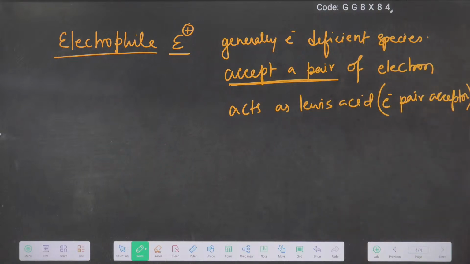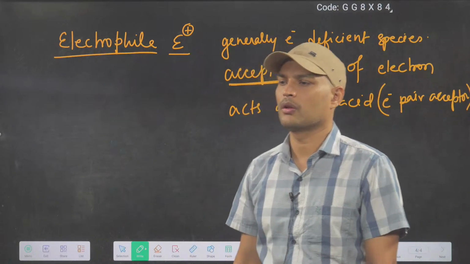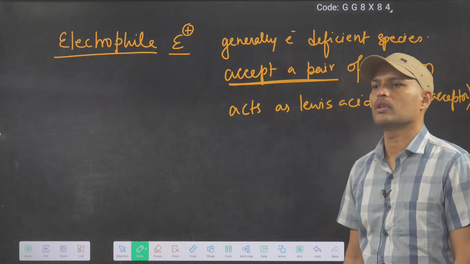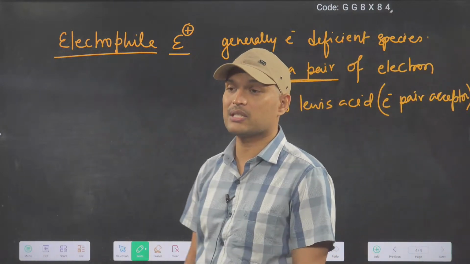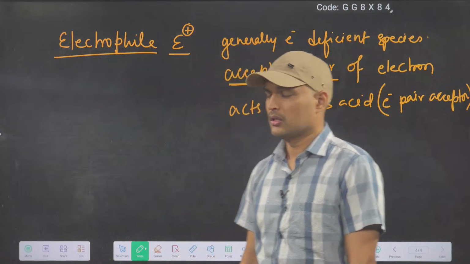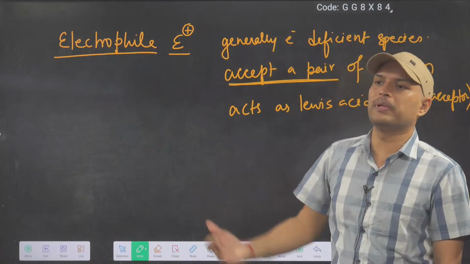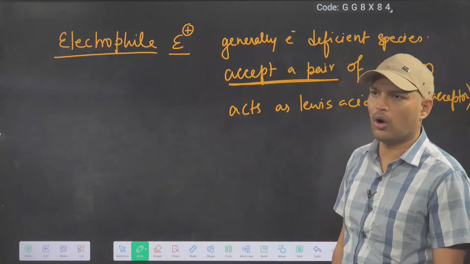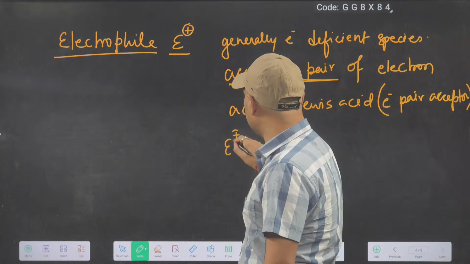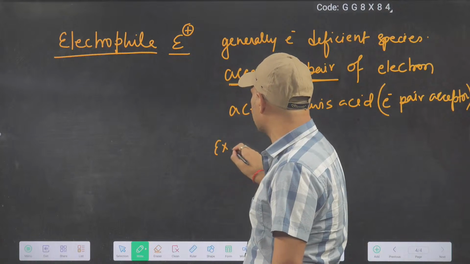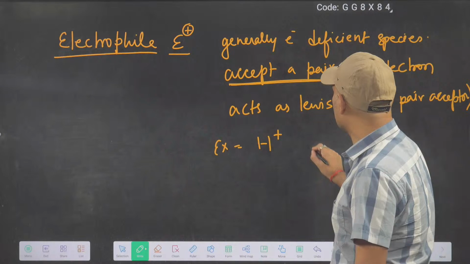What is a Lewis acid? Tell me. Electron pair acceptor. Correct, you have written that an electrophile reacts by accepting electrons. Electron deficient means incomplete octet. A few examples I can give you; I will not go into detail now: H plus is an electrophile.